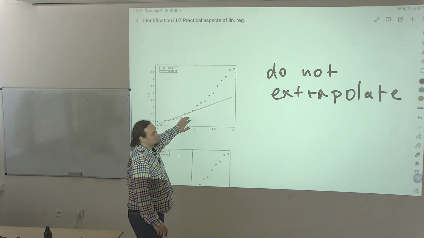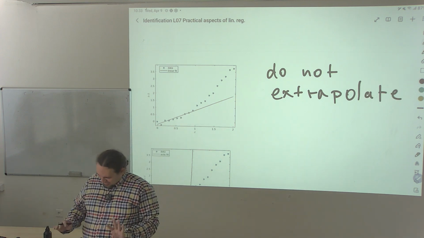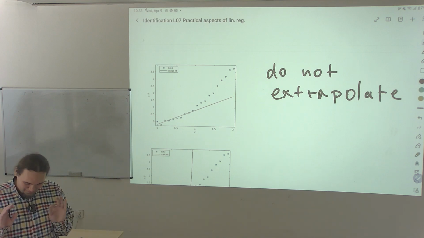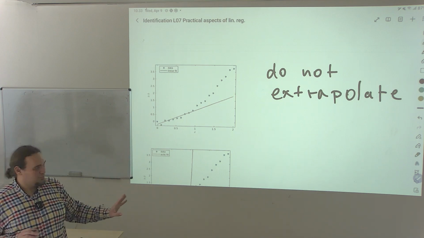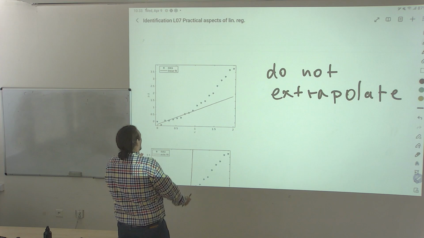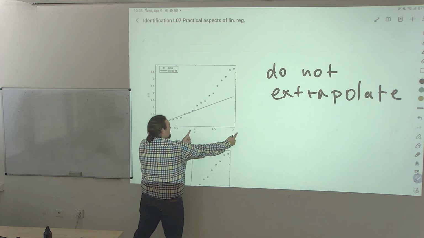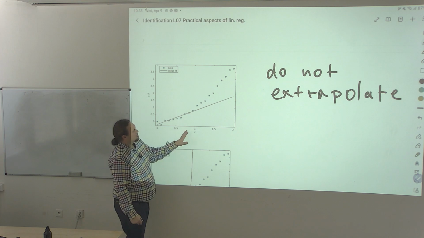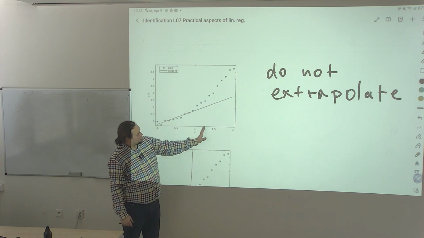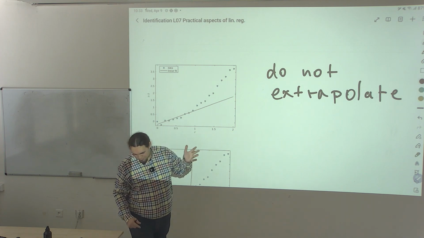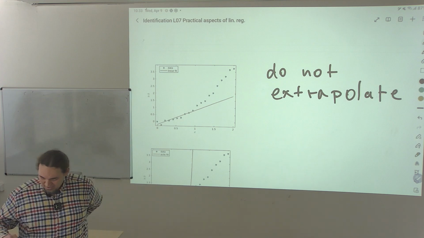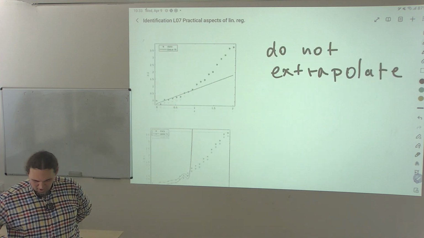This one is still good, so linear models can be extrapolated. This is already too far. Our model has seen only data from this interval, and we are basically doubling the size of the interval. If we extrapolate just a bit, we would still be okay-ish.